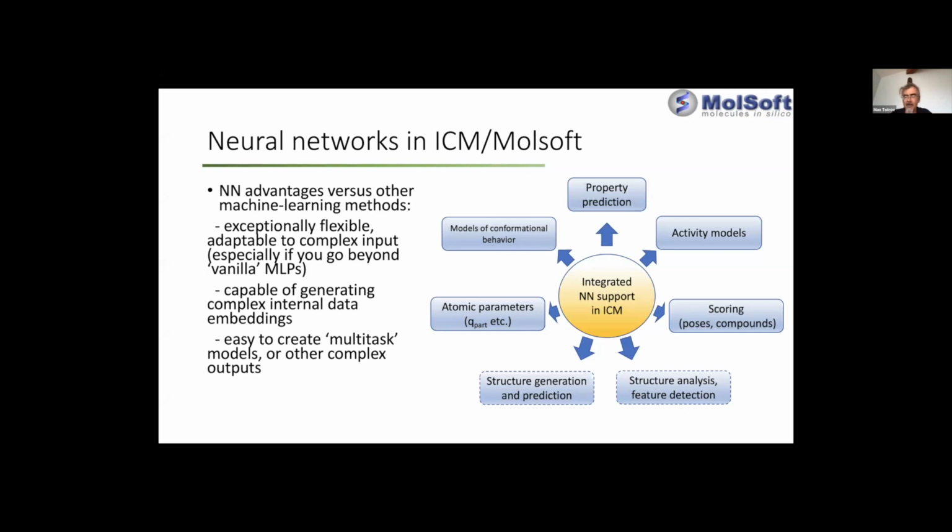And that's what I would like to talk about in most of this talk. Later on, we are currently also working on some interesting new things like generation of structures. There are some early successes there, but it's maybe too early to present today. We also work on networks that would do some sort of structure analysis, feature detection, etc.